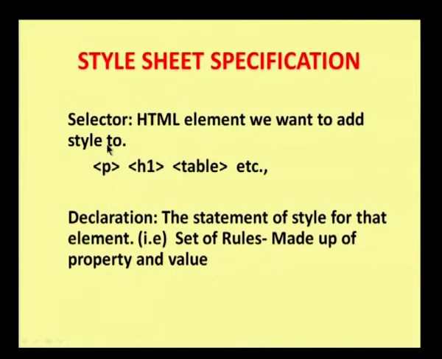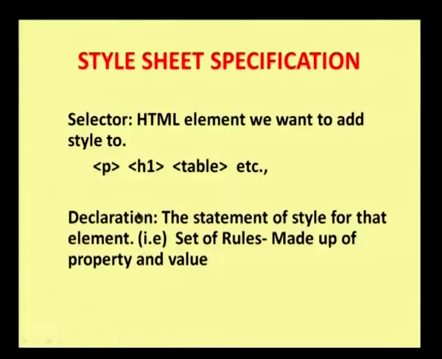To define a style for a web page or an element in an HTML web page, we have to use a style. This style specification consists of two parts, one is the selector part, another is the declaration part. What is meant by the selector part? Which element we are going to add the style or the presentation to, for example paragraph, heading, table.